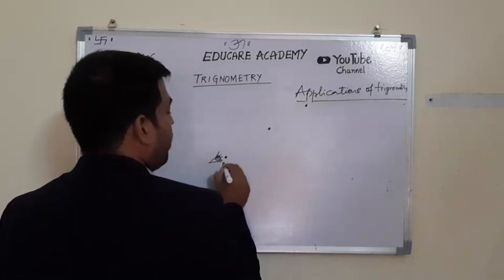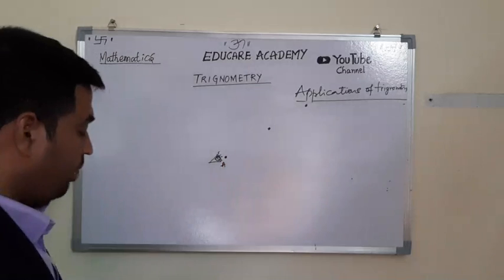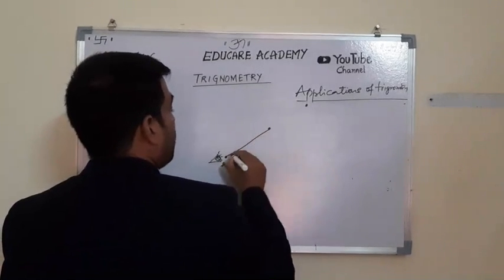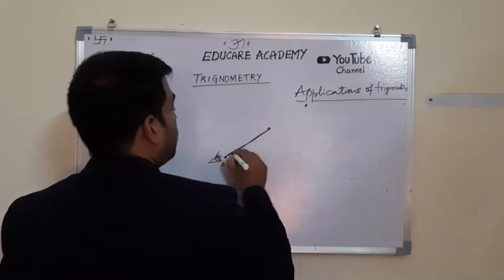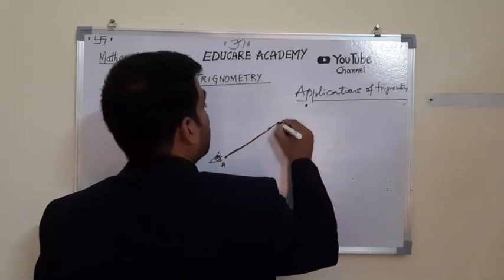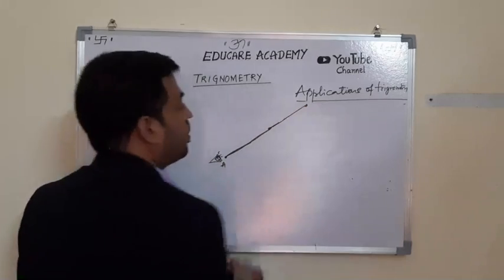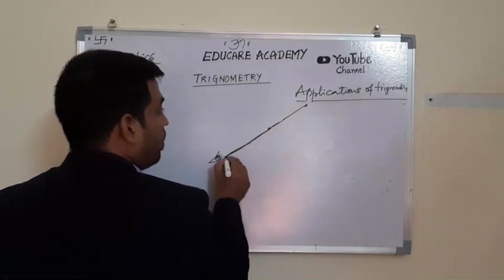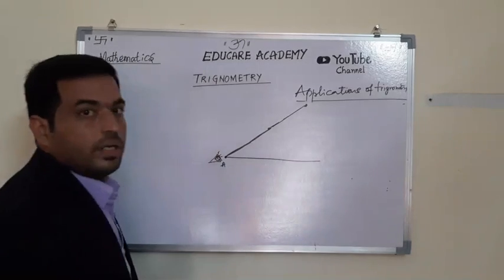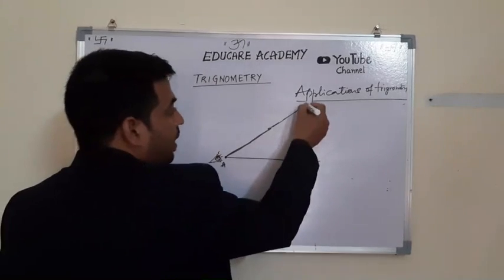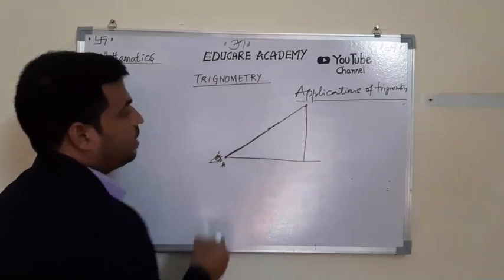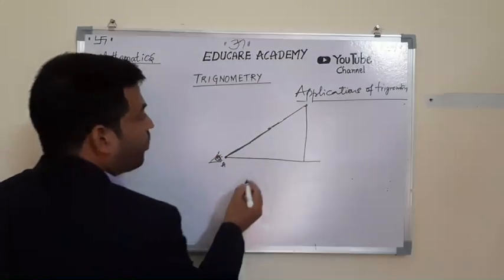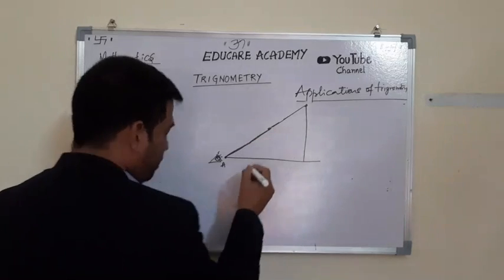Let us take my point as A or whatever it is. Now I am joining that balloon line from my viewpoint, and I am also drawing a horizontal line and the perpendicular lines.